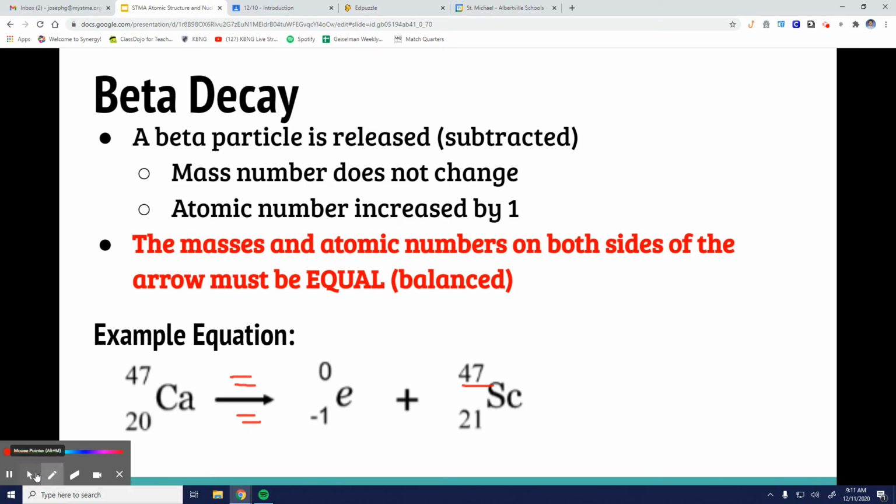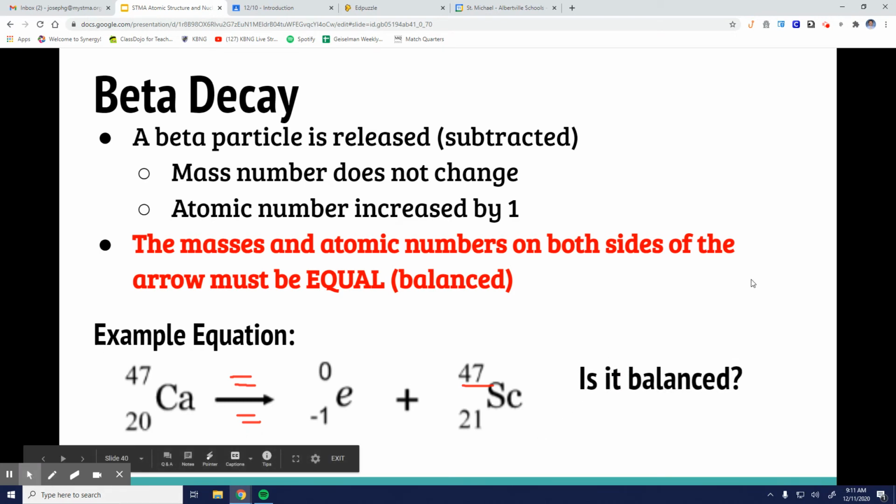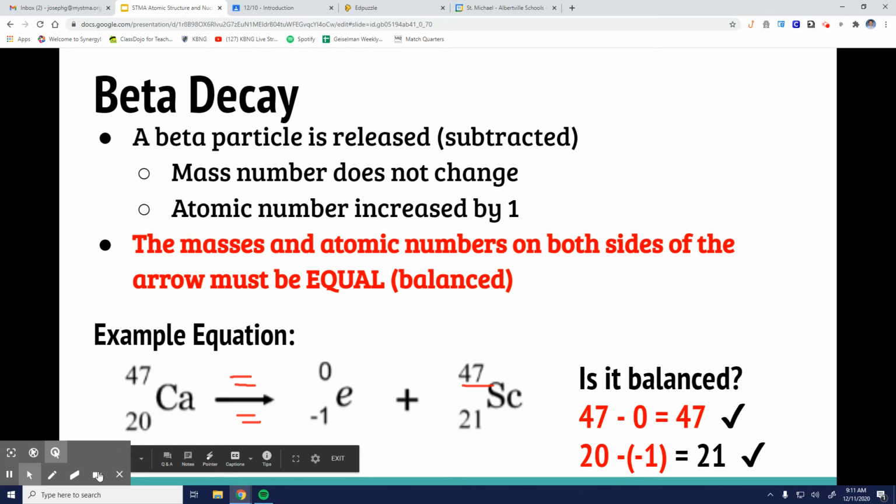So it looks like it's balanced here. Is it 47 minus 0? Still equal to 47, equal on both sides. 20, right, minus a -1, or plus 1, equals 21. And that's how we get the products in a beta decay reaction.